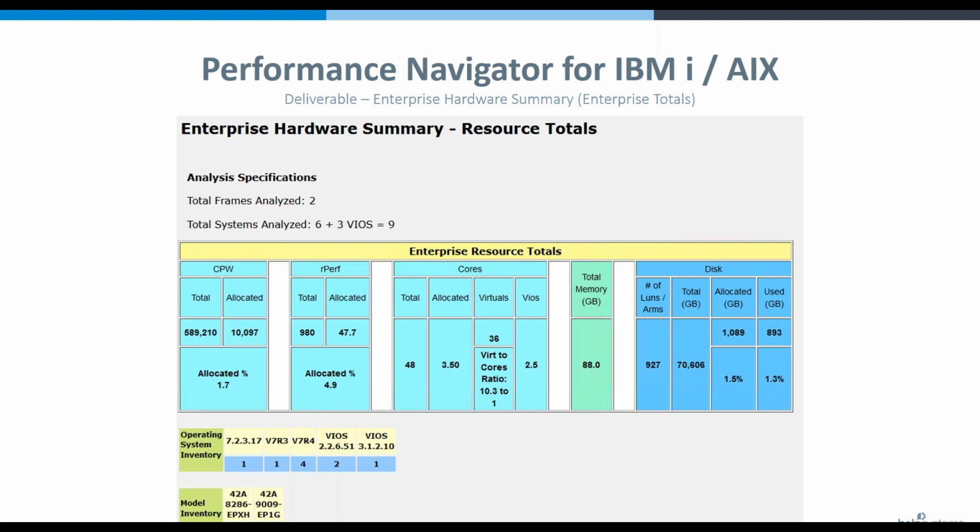So there's 2 frames here. There's 6 LPARs with 3 VIO servers. And you can see what the total CPW available is versus what's allocated. So in this case, those 2 machines actually had 48 cores, but they're only using or allocating 3.5 of them.